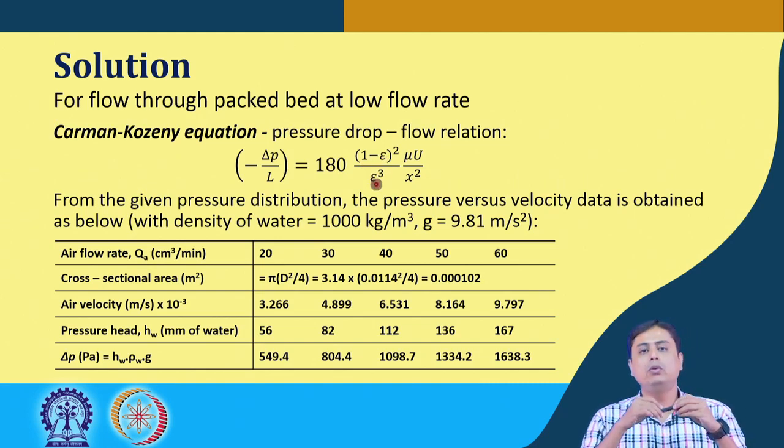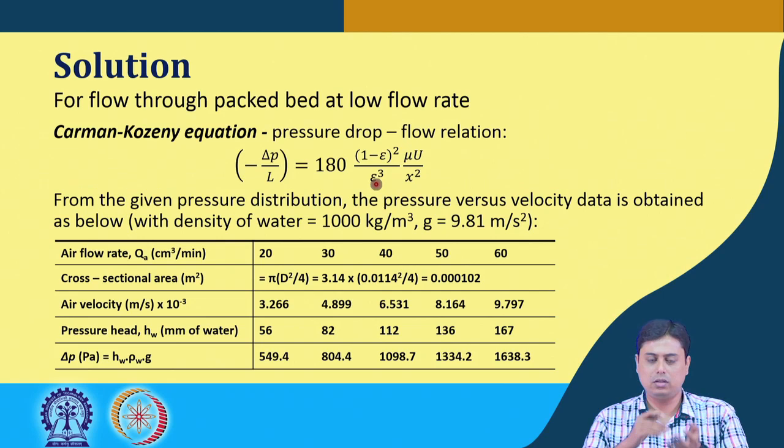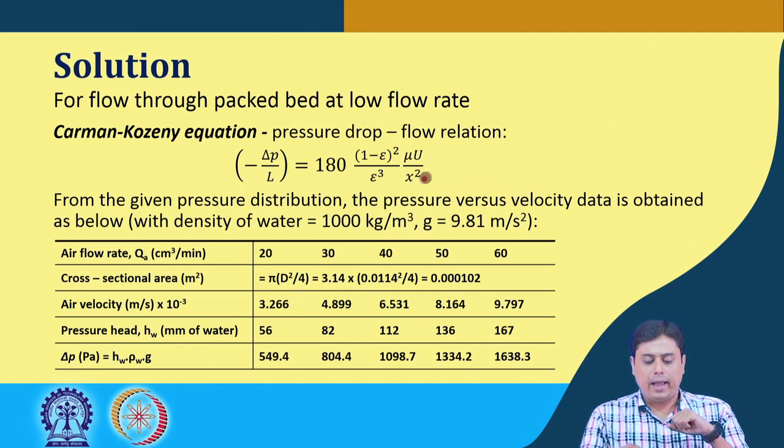That means when you fill a cylindrical apparatus with a powdery sample, along with the particles there will be some void spaces between the particles, that is called the voidage. Voidage is the volume of empty space per unit volume of the apparatus, which is denoted by the epsilon value here. And this u is the superficial velocity of the fluid.